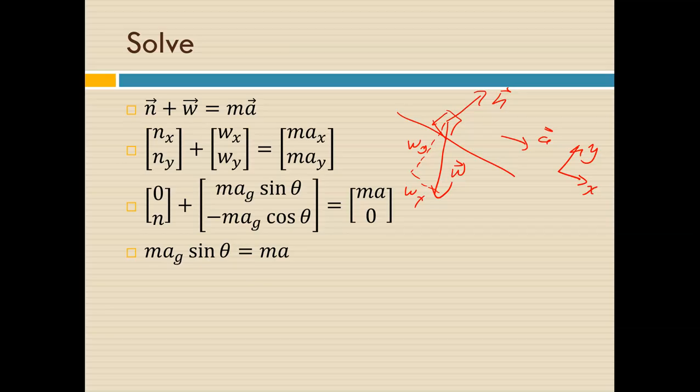Cancel out the mass. We can't cancel out a. Those are two different accelerations. a is the acceleration down slope. a sub g is the free fall acceleration. But we can cancel out the mass. And so we get the expression a equals a sub g times the sine of the angle, which means we don't care if the car is empty, full, or even a roller skate. Everything is going to have the same acceleration as it goes down the hill.